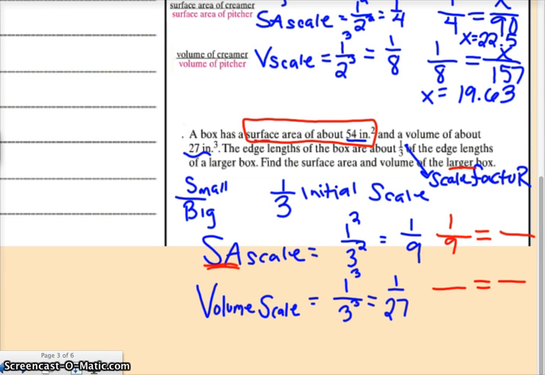So this 54 is the small. Where does small go? Top. And then solve. Whatever that is. 54 times 9 is 486. 54 is in the top. Yep, because it's small. Because it says find the volume of the big. So that means what they gave me was the small.